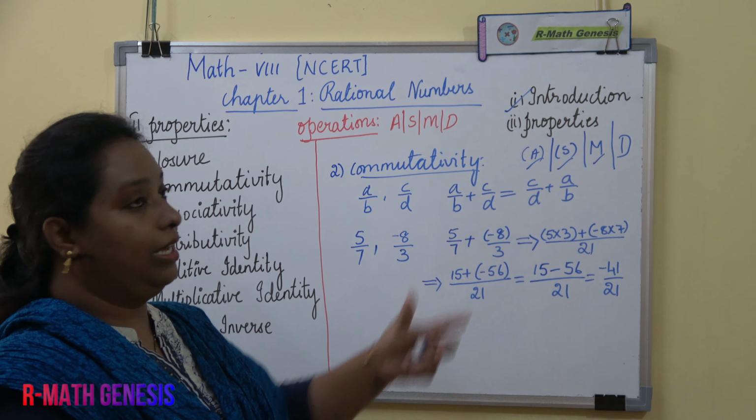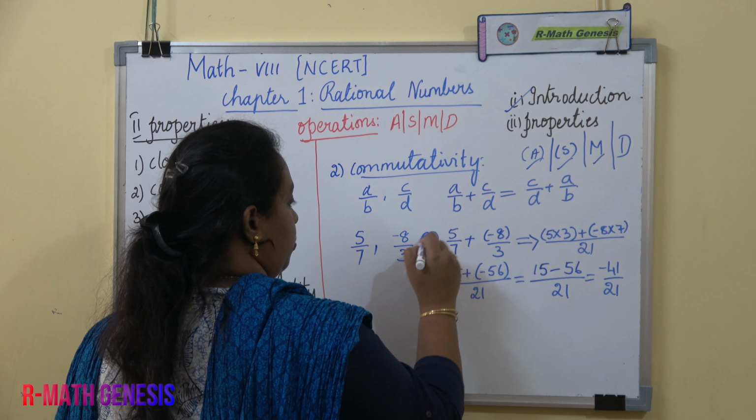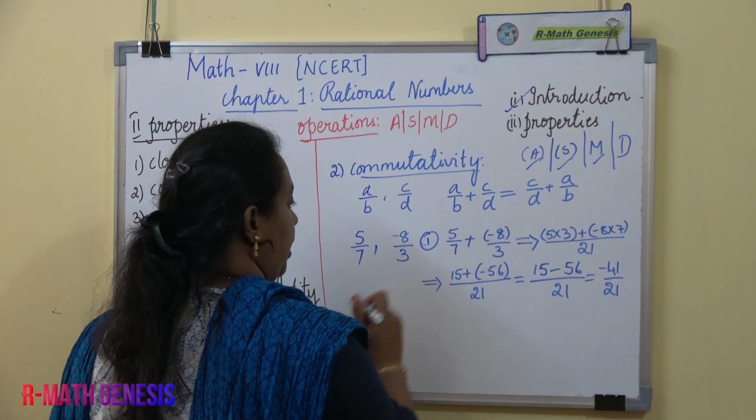This is the first way; now the other way. How do we add now? Minus 8 by 3 plus 5 by 7.